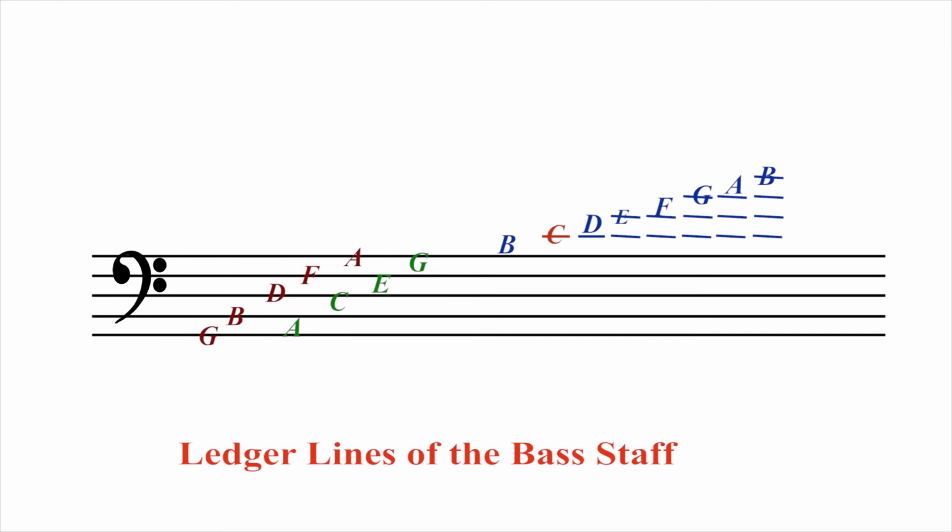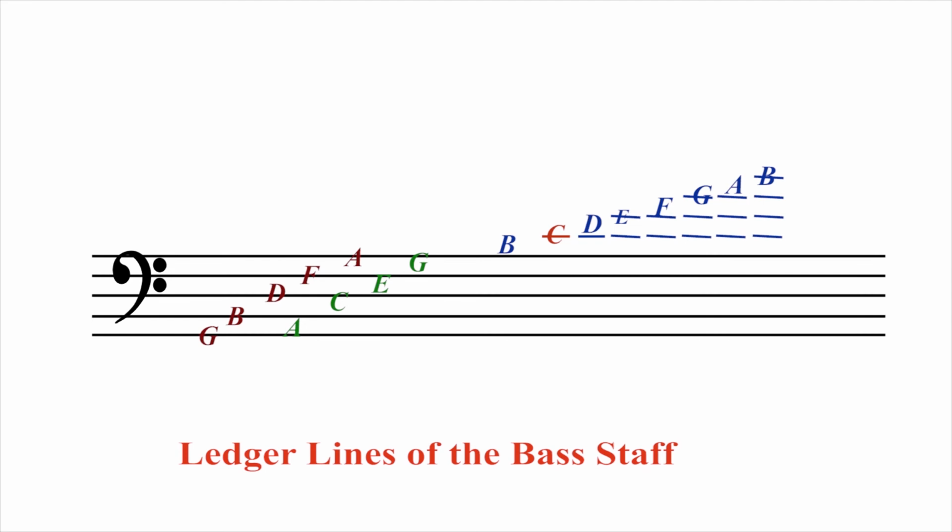Now, notice that the first ledger line below the treble staff and the first ledger line above the bass staff have the same name, C. In fact, they are the same, and they correspond to the key that is called C on the piano keyboard.